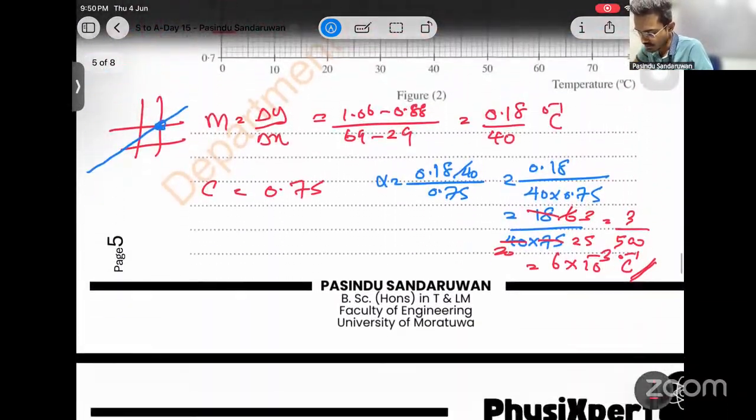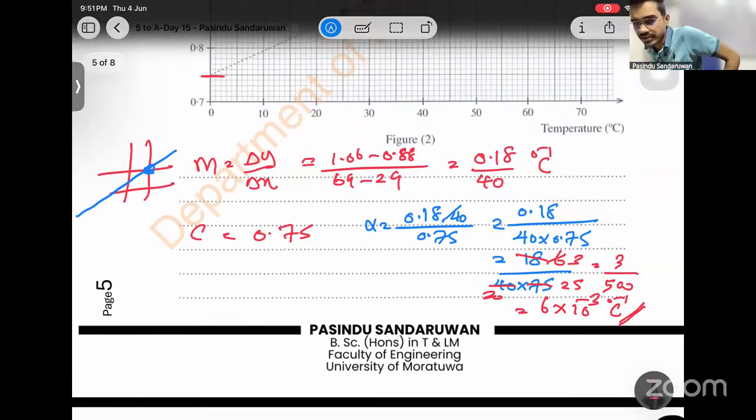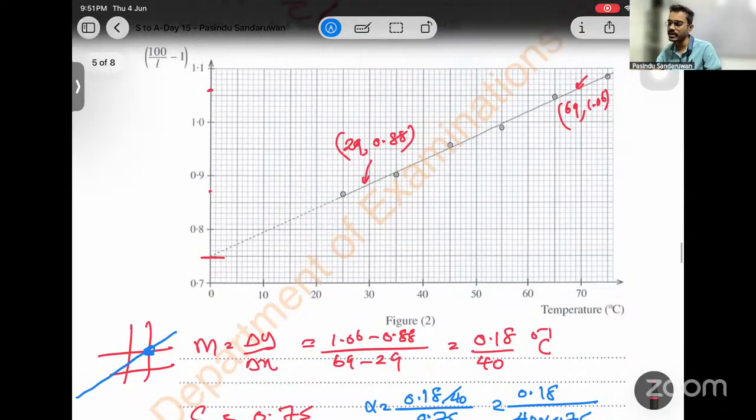Before moving on to the next question, any questions on this one? I can't select marked points because the marked points do not satisfy the curve. The curve is in between. Marked points are here and there, not on the curve.